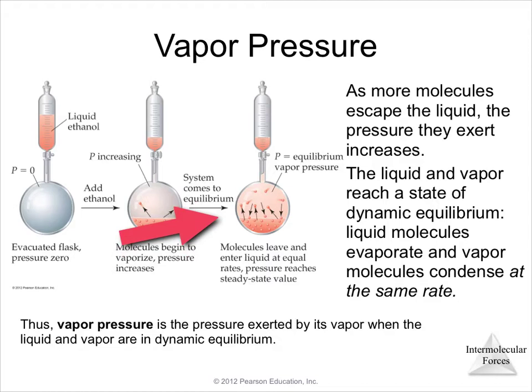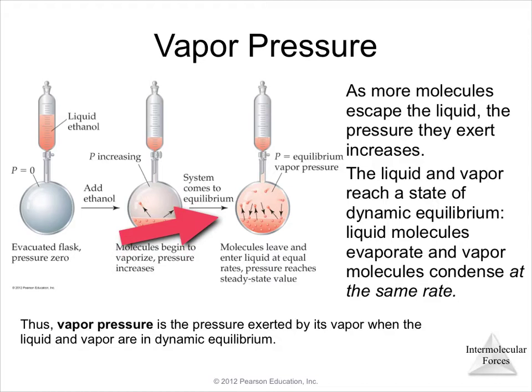At any particular temperature, the movement of molecules from liquid to gas continues. As the number of gas phase molecules increases, the probability increases that a molecule in the gas is going to strike the liquid surface, and the liquid is going to recapture that molecule.